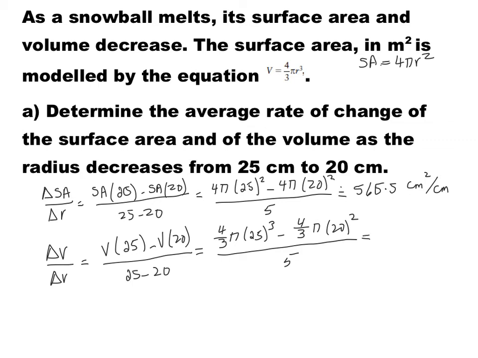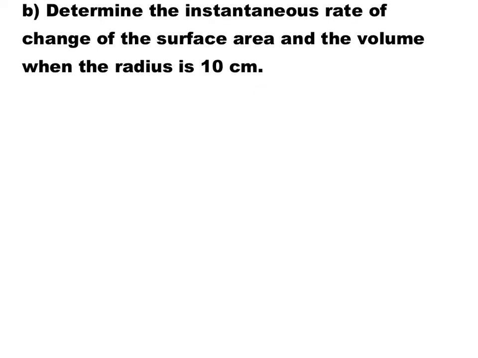If we evaluate this one, this is approximately 6387.9 cubic centimeter per centimeter. The next part, part B, says determine the instantaneous rate of change of the surface area and the volume when the radius is 10 centimeter.